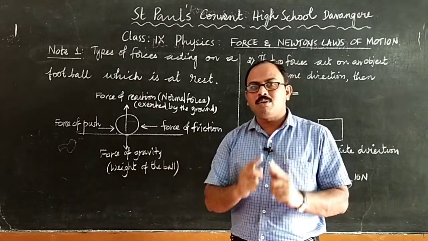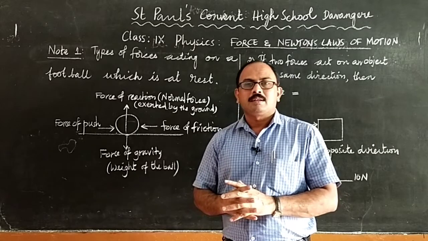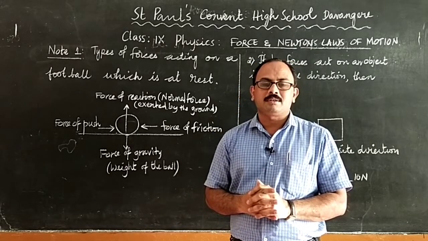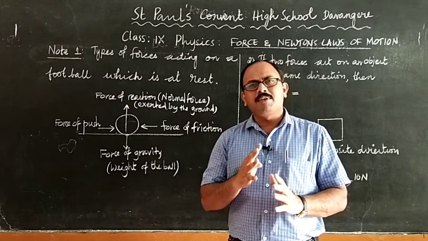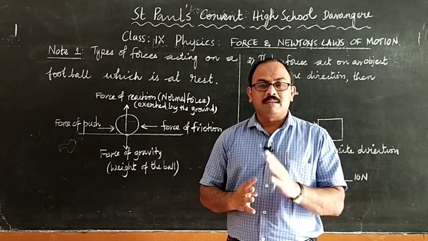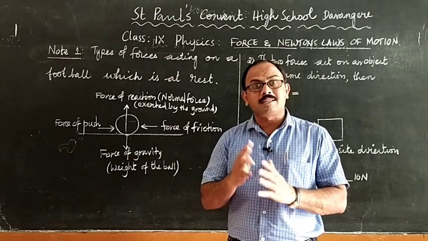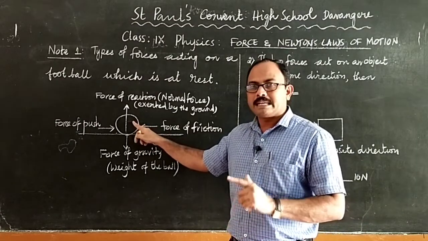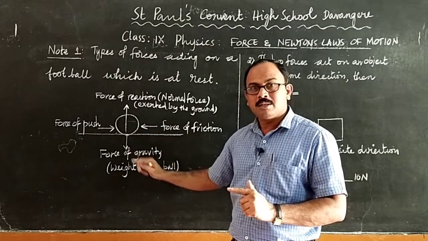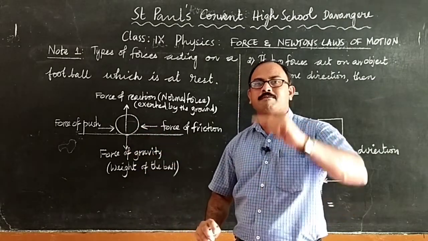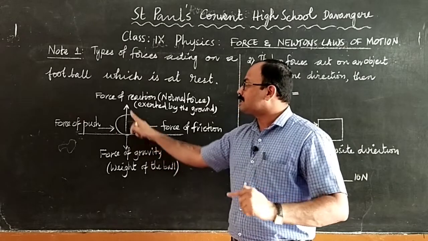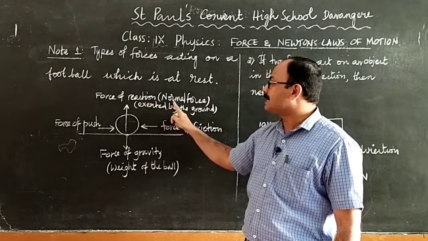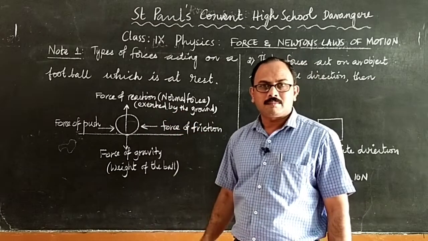There is a law in the 9th standard, the universal law of gravitation, which says that every object in the universe will attract one another, or exert a force on one another. Therefore, the football exerts some force on the ground, and the ground also exerts some force on the football, which is nothing but the force of reaction, children. Or we can say it is a normal force.